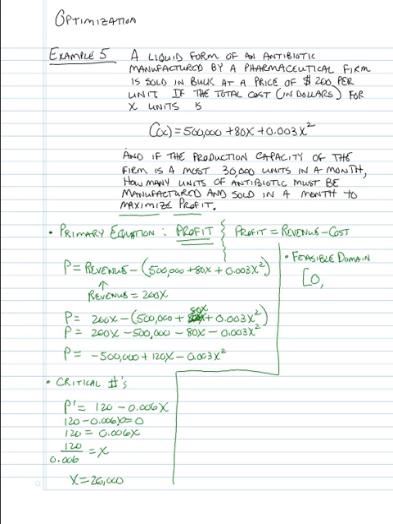Now, it also tells us, though, that the manufacturing capacity is 30,000 units in a month. So we can't produce more than 30,000, and we can't produce less than 0, but our feasible domain is between 0 and 30,000, closed interval. And certainly this critical number falls in that category, doesn't it? So we're now in a situation where we really have 2 endpoints to consider.